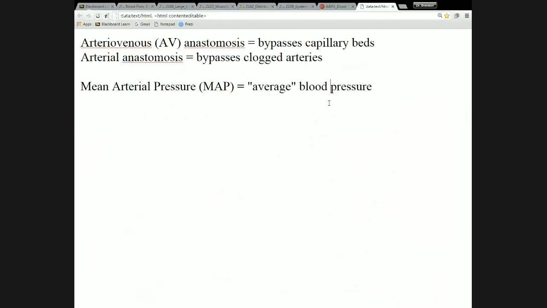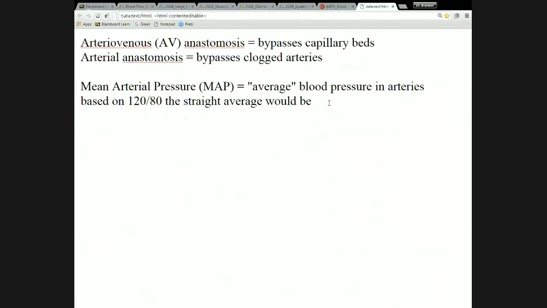Average blood pressure in arteries. Because the pressure actually varies, this is a calculation. So based on 120/80, the straight average would be what?